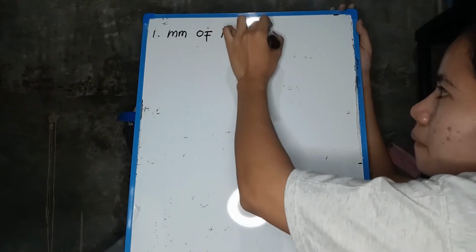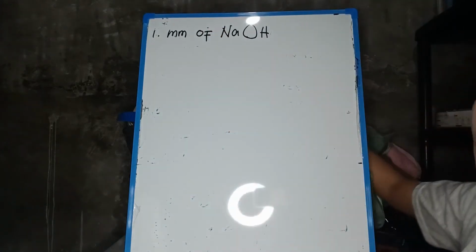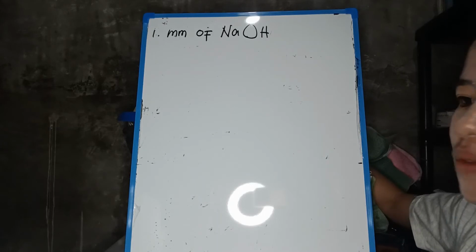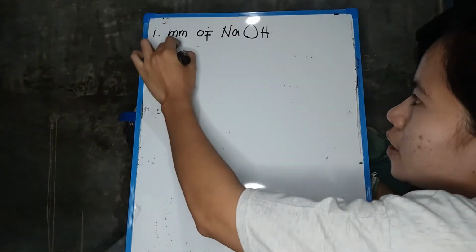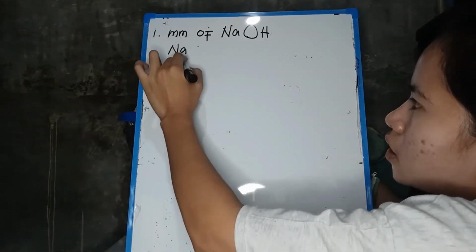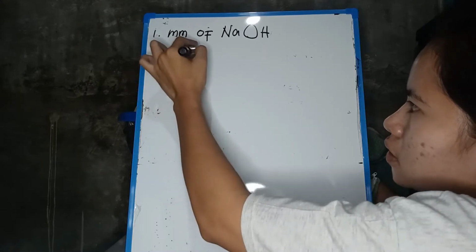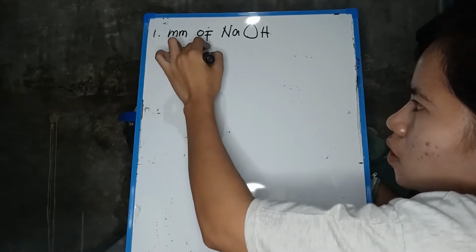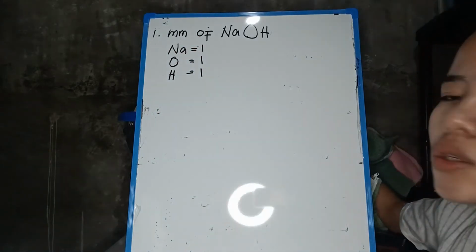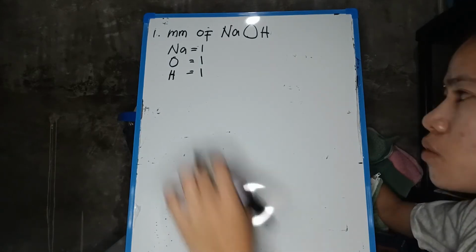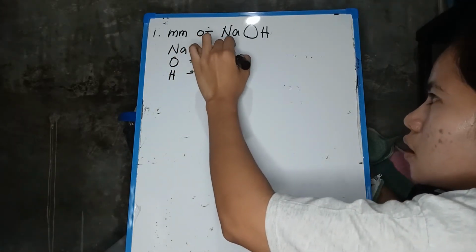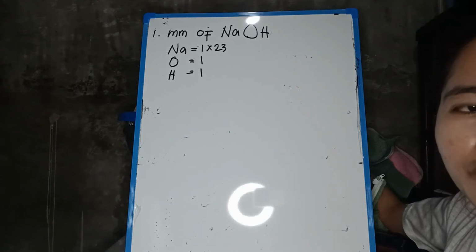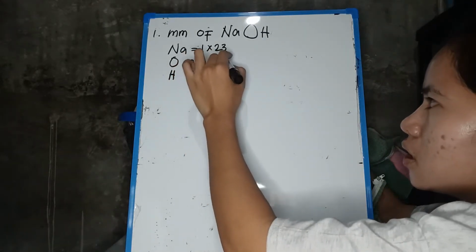So, molar mass of sodium hydroxide. So, Na, oxygen, and hydrogen. So, 1, 1, 1. So, the molar mass of sodium is 23, while the molar mass of oxygen is 16.